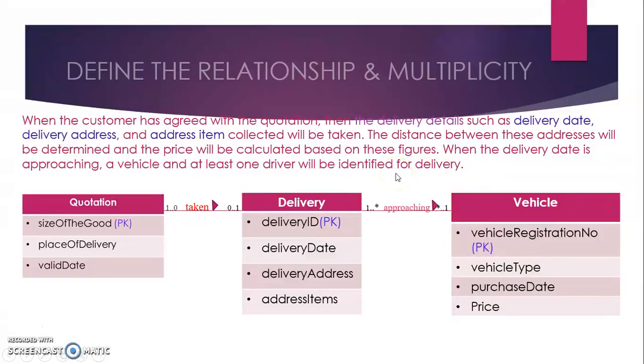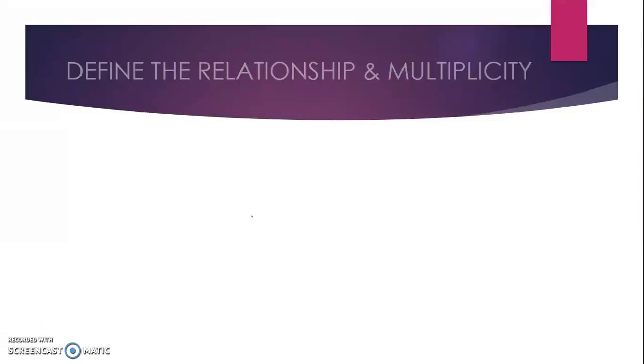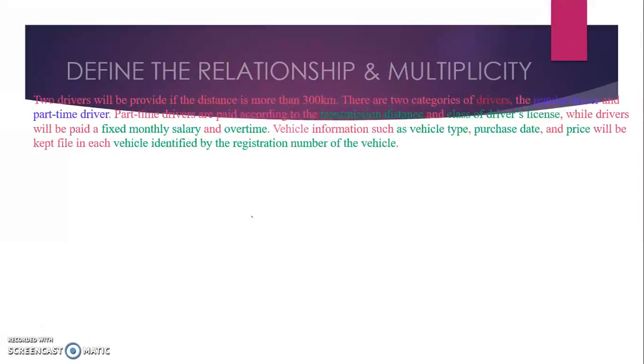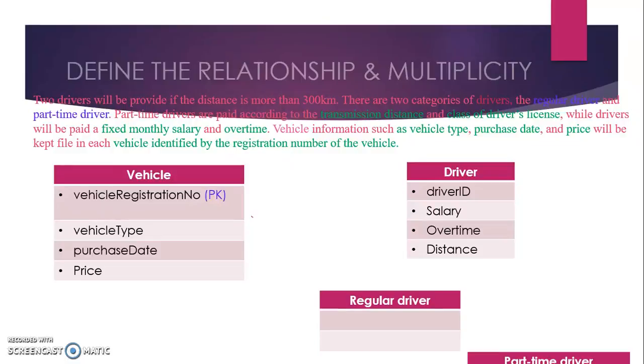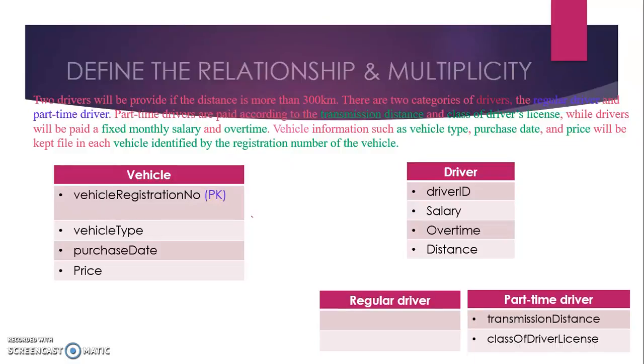Okay. For the next slide, vehicle and delivery, and then regular driver and part-time driver. The relationship is identified, and the multiplicity is 1 to many and many to 1.